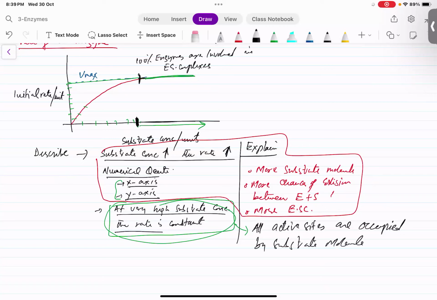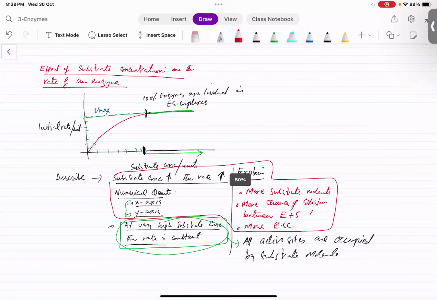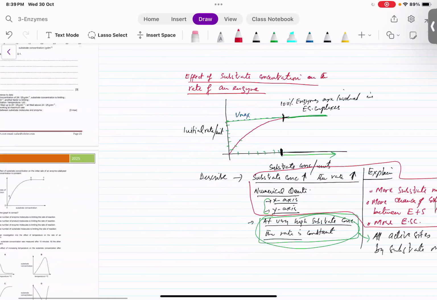So substrate molecules are queued up, waiting for their turn to bind into an active site, make enzyme substrate complexes and be converted into the products. As all the active sites of all the enzymes are saturated, the rate becomes constant, or the curve becomes leveled off, right? So that's about the effect of substrate concentration. And let's see some questions on these two topics.